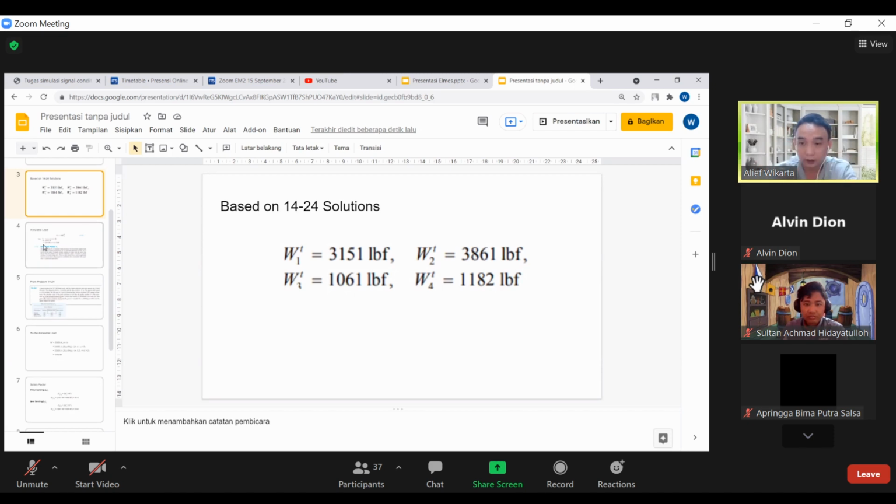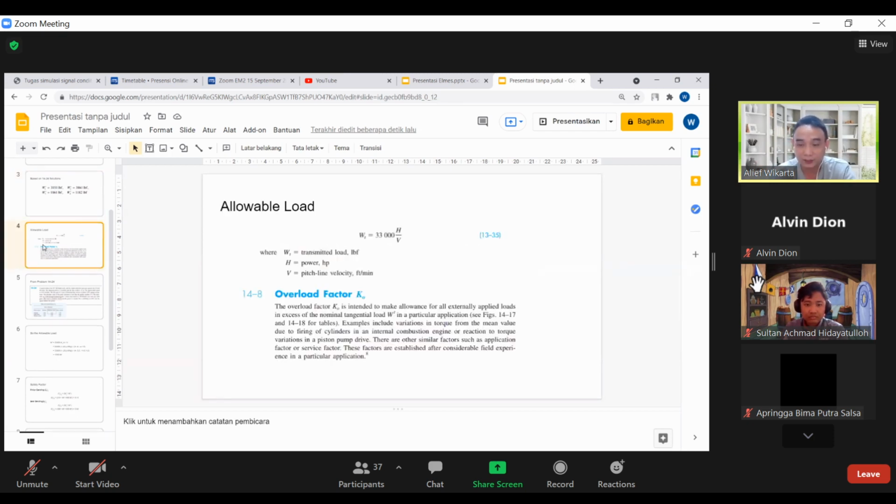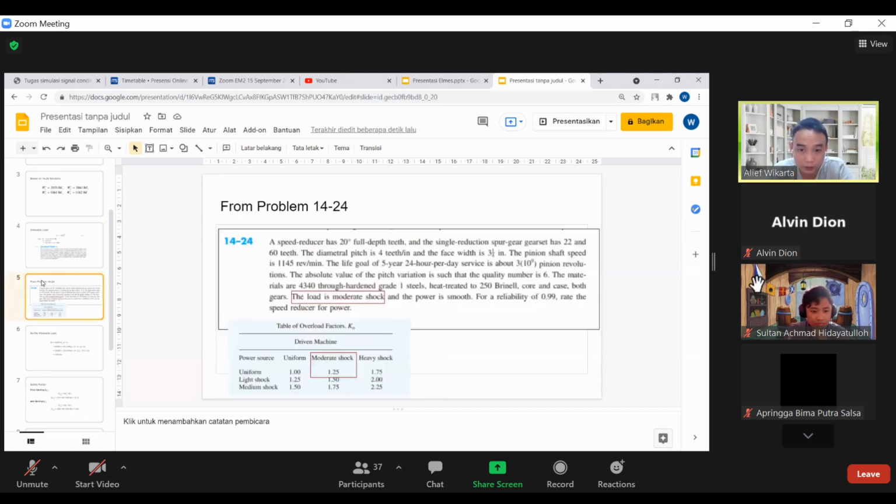Okay, let me move to another discussion here. What is the effect of KO, Mas William? When we use KO in the equations and without KO in the equation, what's the effect on the safety factor? Will the safety factor value be higher or lower with and without KO?